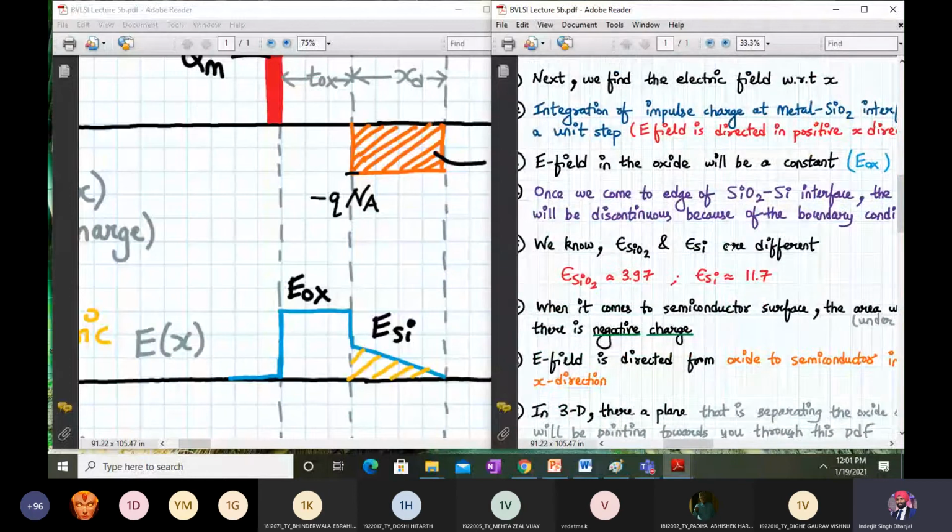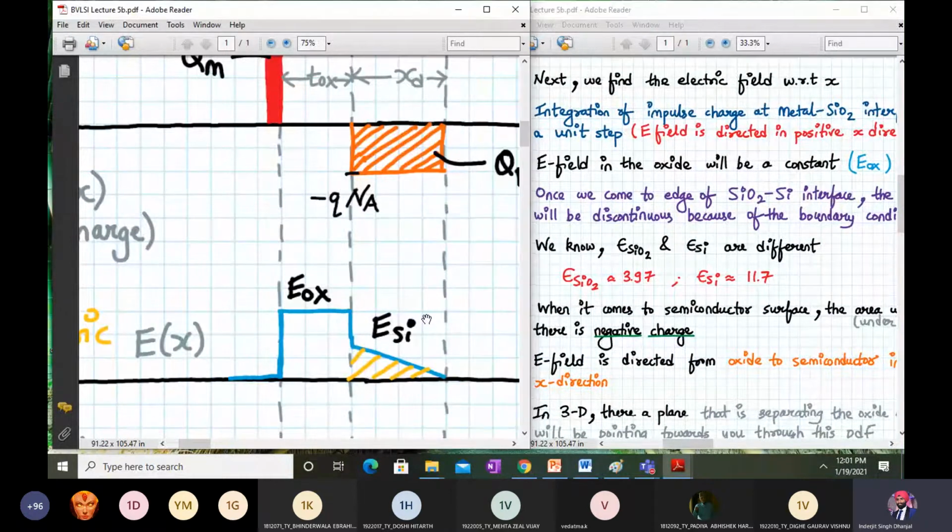We are changing the material: here we have silicon dioxide and here we have semiconductor. The permittivity of silicon dioxide is approximately 3.97, whereas the permittivity of silicon is 11.7.